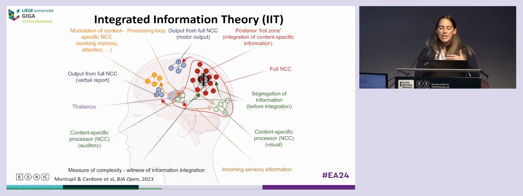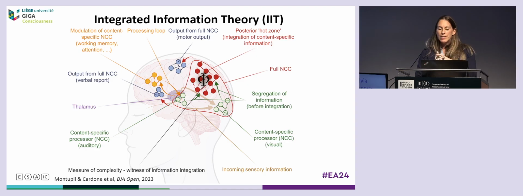To reach consciousness, it has to be integrated in what is called the posterior hot zone. And this includes the parietal area, occipital area, and temporal area. And it has a phi measure that measures the complexity of the brain. Phi cannot be tested empirically yet, so we have proxies, and I'll show you one just after.